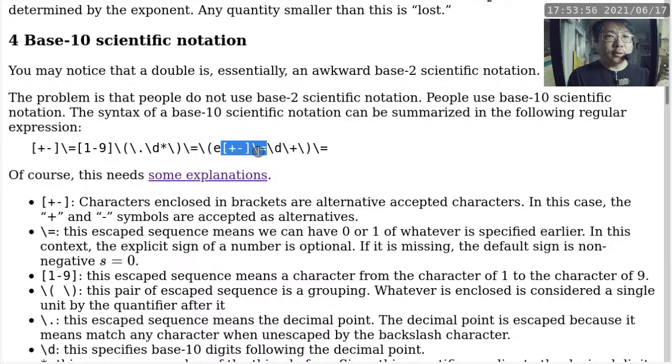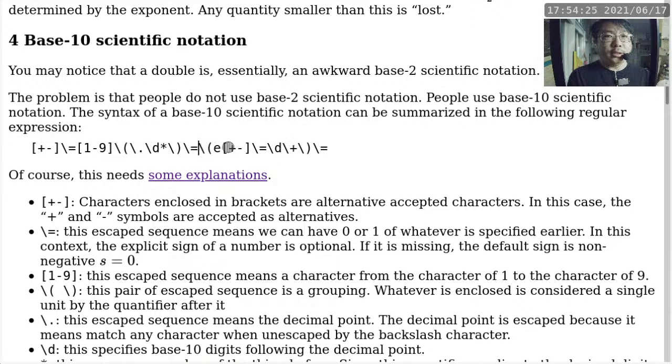And then after the optional plus minus, we have backslash D again, which is a base 10 digit. And this time we have a different quantifier. Backslash asterisk is a quantifier that specifies 0 or more occurrences. Backslash plus means 1 or more occurrences. So that means we need to have at least one base 10 digit after the E, but possibly more.